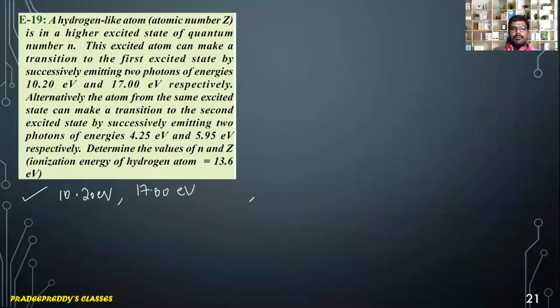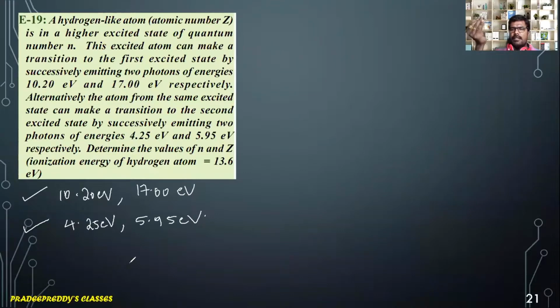Alternatively, the atom from the same excited state can make a transition to the second excited state by successively emitting two photons of energy 4.25 electron volt and 5.95 electron volt. You are now supposed to calculate the value of n as well as Z.